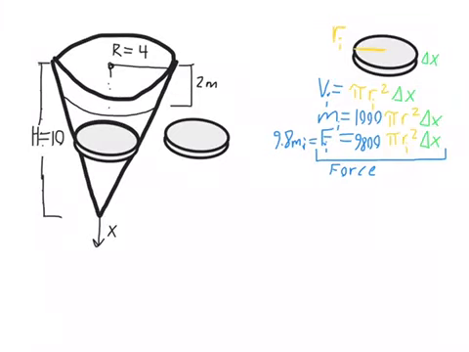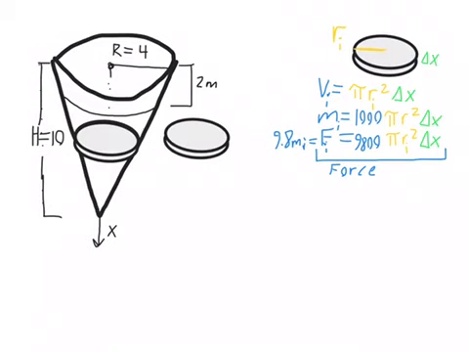Right. So we're going to come up with the ideas to start calculating the work involved with pumping the water out of a cone-shaped tank, and this tank will be said to have a height of 10 meters.